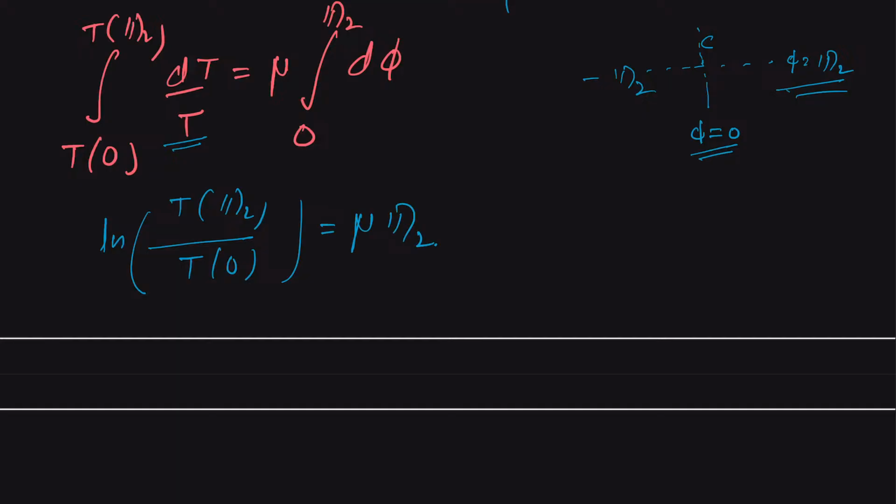We can further resolve it in the form of exponential. So T of pi by 2 is equal to T naught e raised to the power mu pi by 2. So this is our expression for the tension in case friction is present.